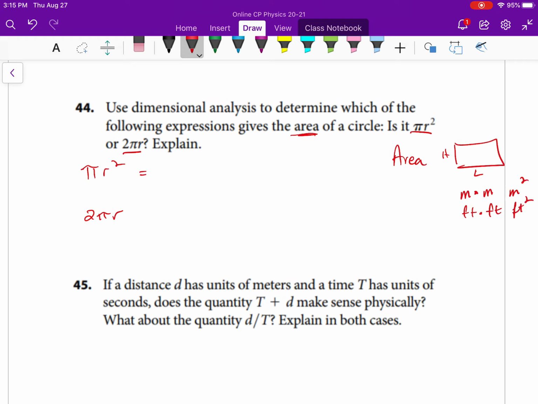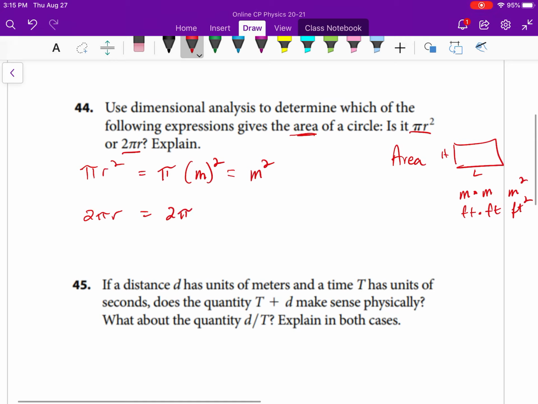So if I look at this, pi doesn't have any units. And r, what is r? Well, r is the radius, and it is in units of some length, and I'll just say it's meters, and that would be squared. So the units of this particular equation would give me meters squared, centimeters squared, feet squared. It sure enough gives me area.